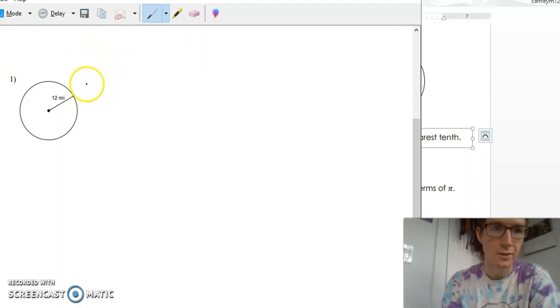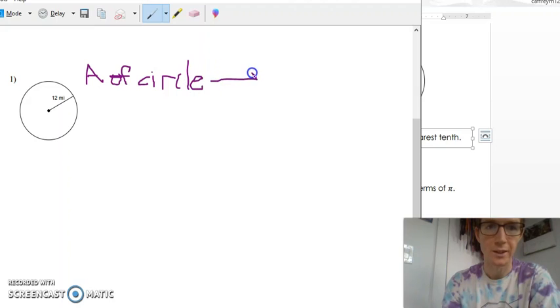So firstly, the area of a circle. I think you can find the area of a circle. I'll do circle. That will help you understand the volume of a cylinder.